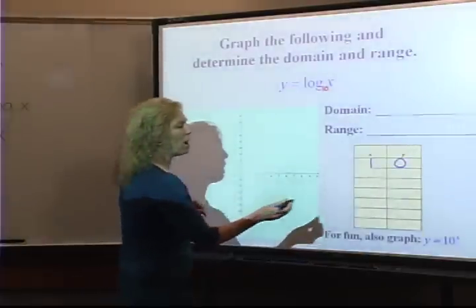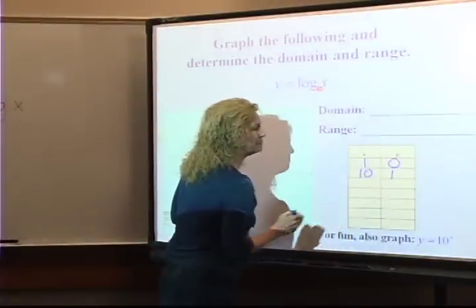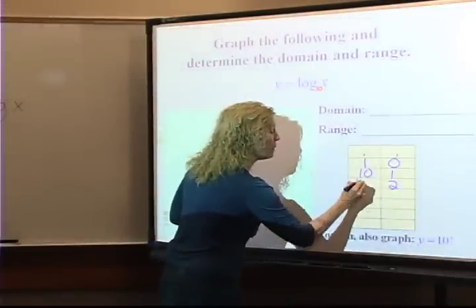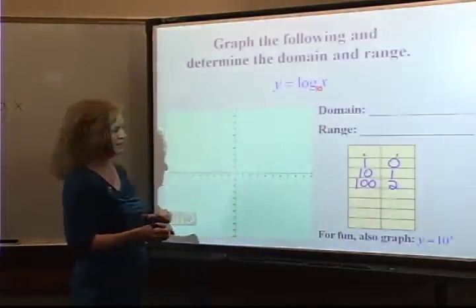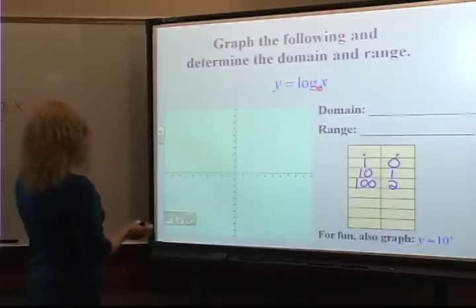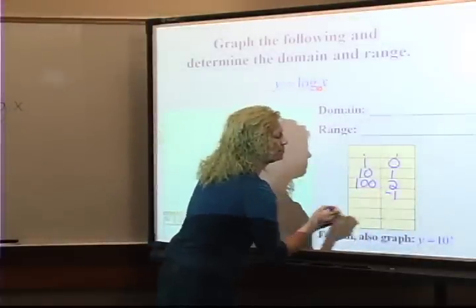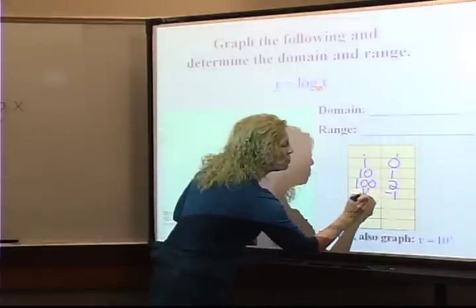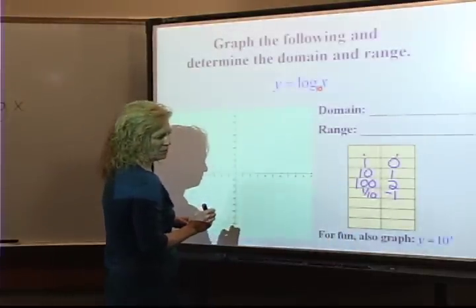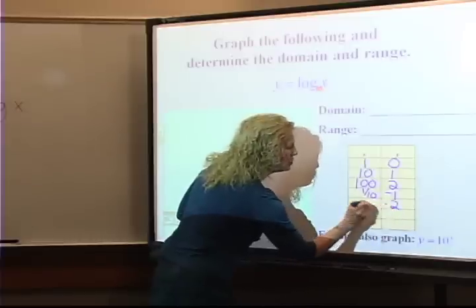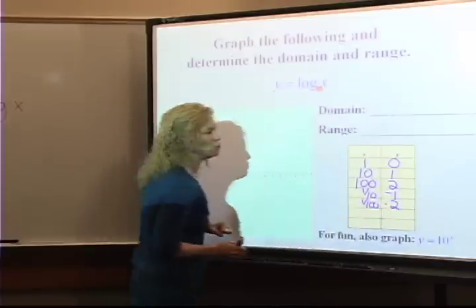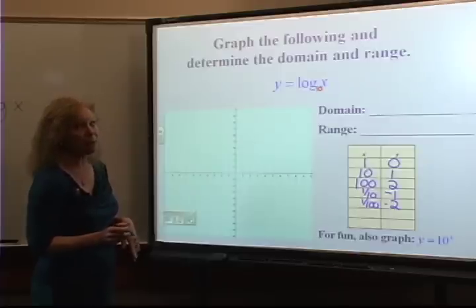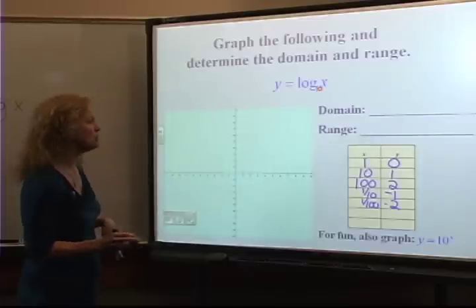If y is 1, x is 10. If y is 2, man, oh man, we're already to 100. Well, if we try negative 1, if y is negative 1, 10 to the negative 1 is 1/10. And at negative 2, I have 1/100th. I'll just stop there because already my numbers are getting kind of difficult to handle.